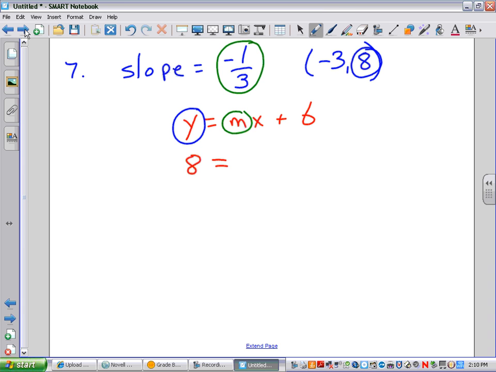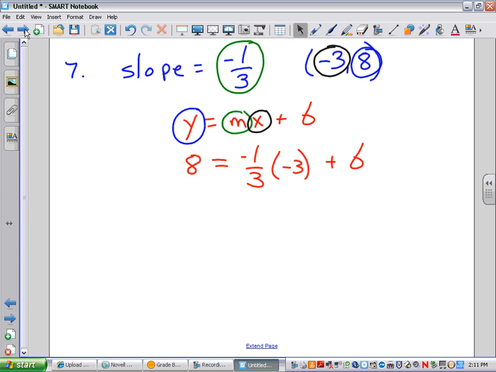So 8 equals -1/3. In place of the x, you would substitute the x coordinate, or that -3. And notice I'm going to put parentheses right here. So it's mx, -1/3 times -3, and I would keep it plus b, because that's what I need to solve for.